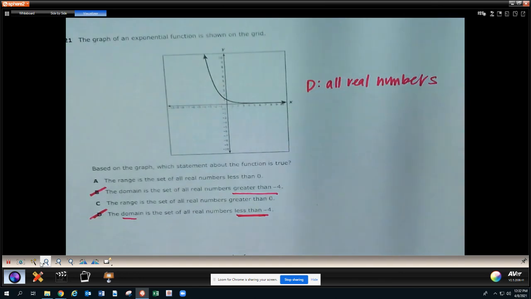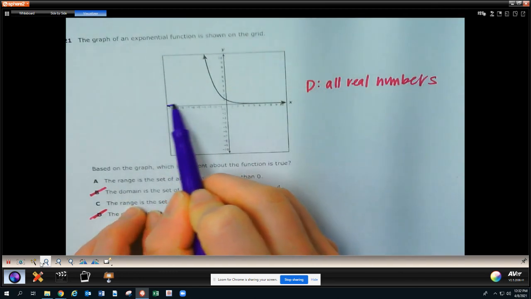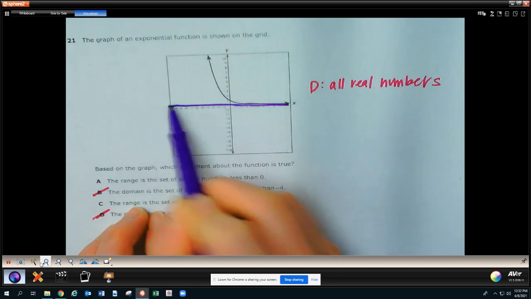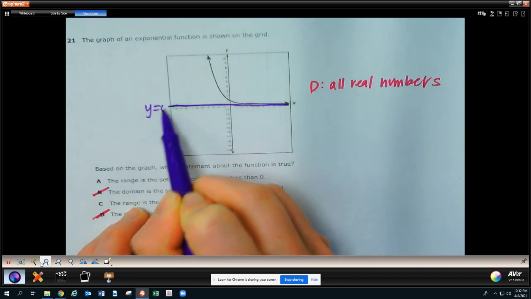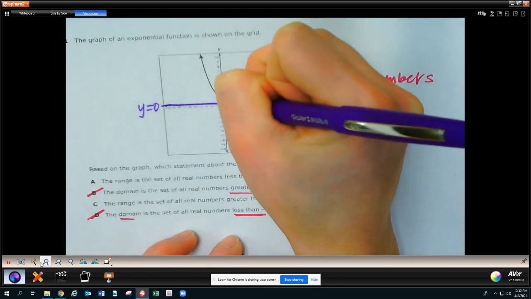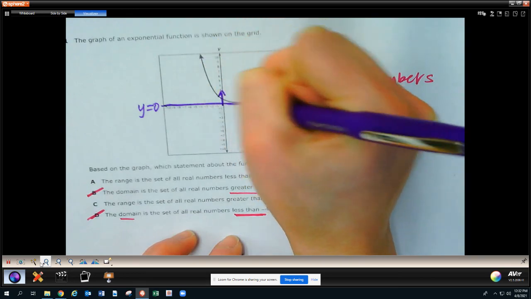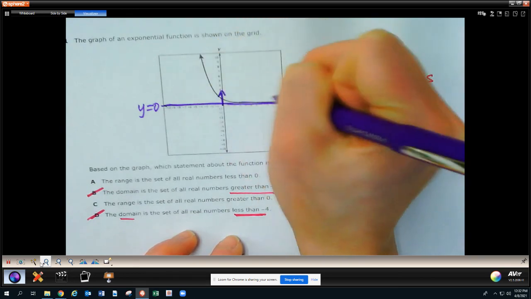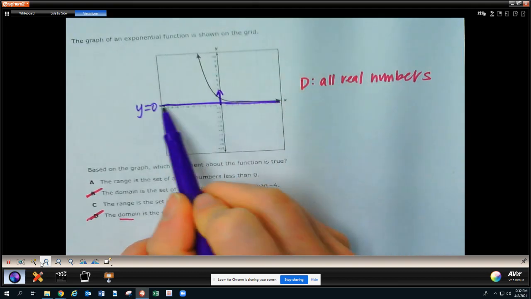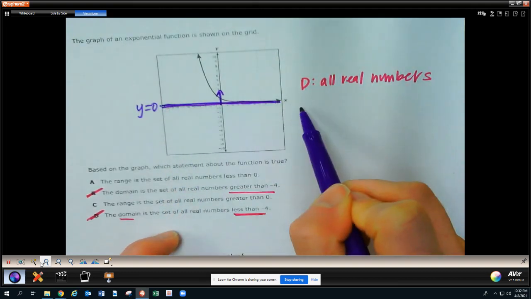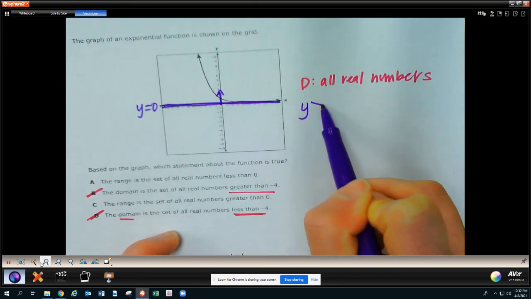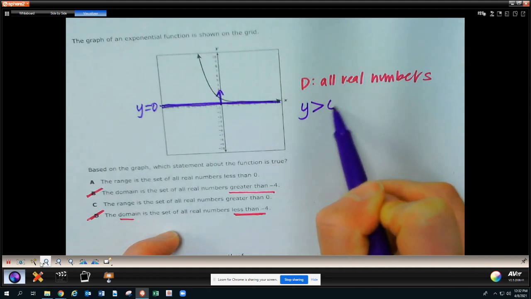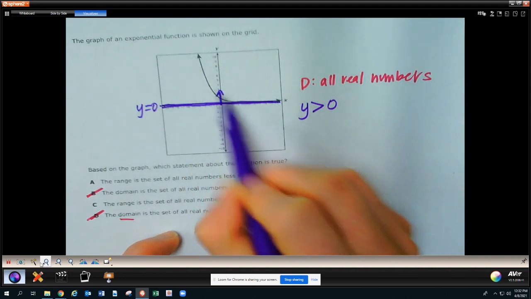Okay, dealing with range, we have an asymptote here at y equals 0. And we have to draw an arrow up to see where our function is. The entire function is above this purple line, this asymptote. And so our y values are always going to be greater than. It doesn't matter that it's decaying.